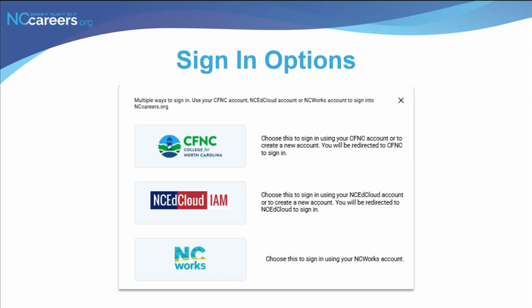And then finally, NCWorks: adult job seekers with NCWorks accounts can also use those same credentials to log into NC Careers. One important note about the NCWorks accounts: the information completed on NC Careers, if someone logs in with their NCWorks account, doesn't transfer back to the account they've completed on the NCWorks site. The two platforms are separate and there's no linkage in between, but they can still use the same login information to log into NC Careers.